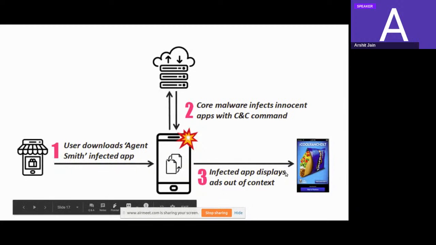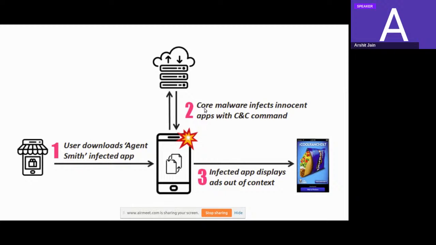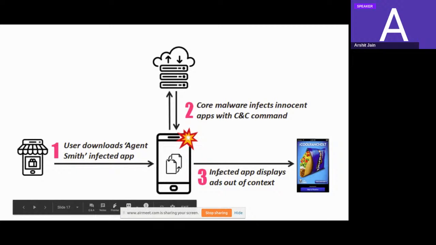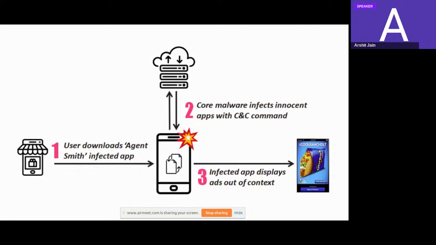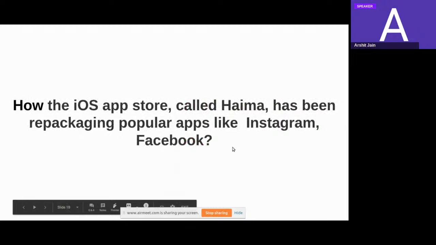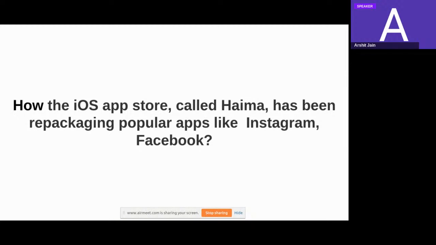Here you can see it downloads the Agent Smith malware infected app, and the core malware infects the innocent apps with the command and control command. Then it displays ads out of context, so the ads come randomly. So this was the second case, where the 9apps third-party app store was being used to spread malware to get mobile device data.